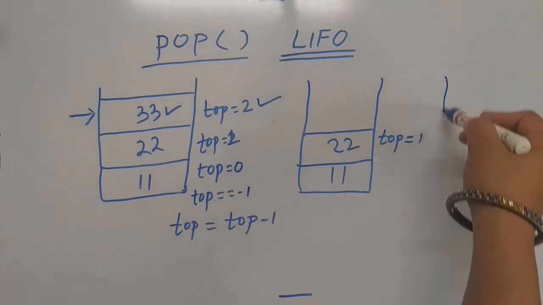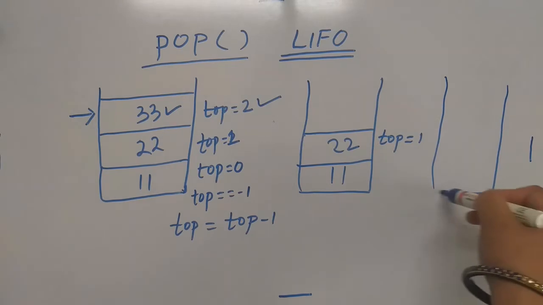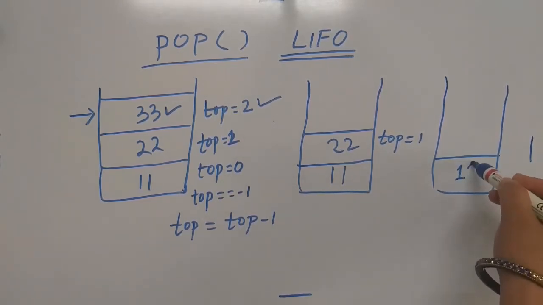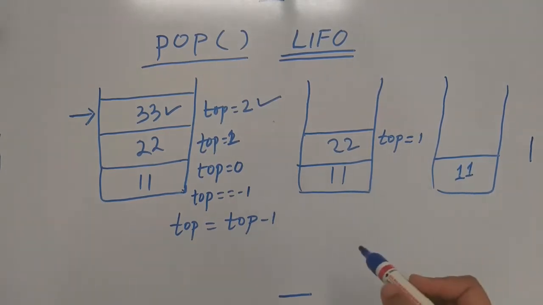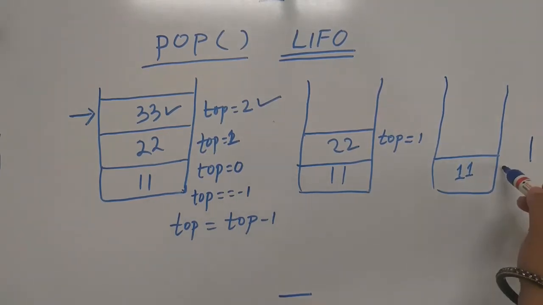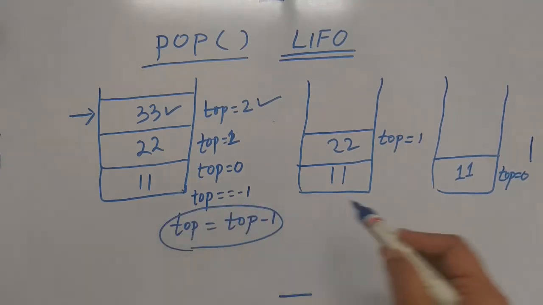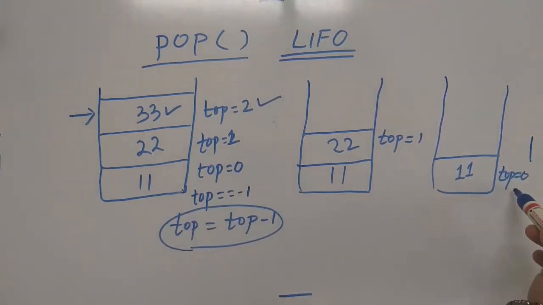Next, if we want to delete the next element, that is 22, and 22 is deleted. After that the top is equal to 0, because the top is once again decremented, top equals top minus 1, and now it is 0.